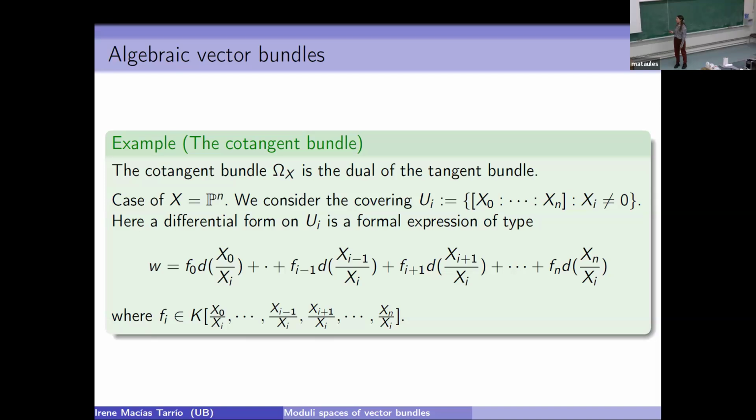In this open set, the differential form will be this expression. So for each point, we find the differential form that is in this way locally. And this has a local structure, so it will be an example of a vector bundle.